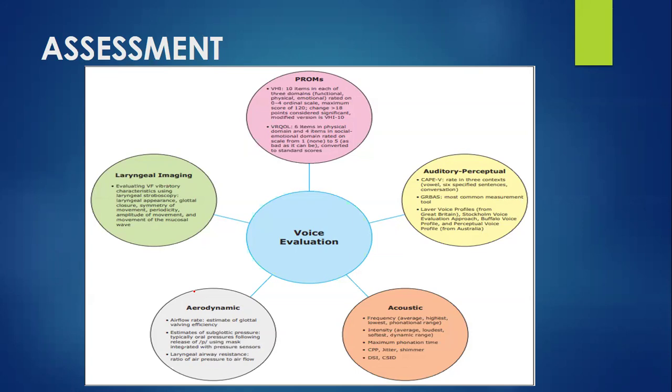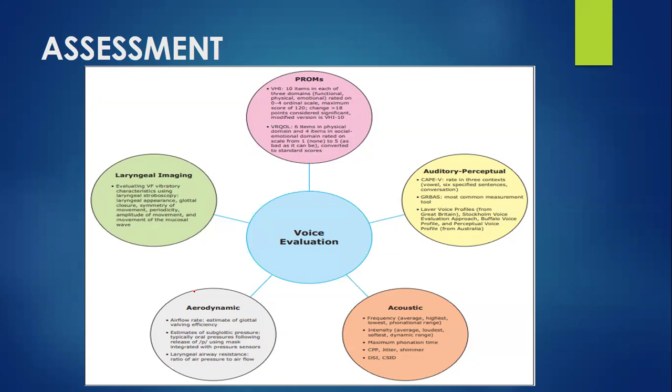Then there is the flexible endoscopy, and this is the same piece of equipment that goes down through the nose to look at the vocal folds. The difference between the equipment that you'd use for FEES and voice is that the voice one has the strobe lights, and that is the light that actually helps you to see the vocal folds in slow motion.